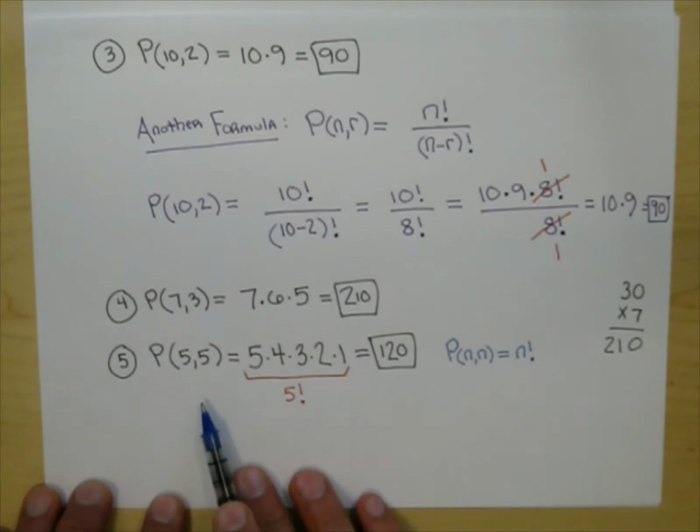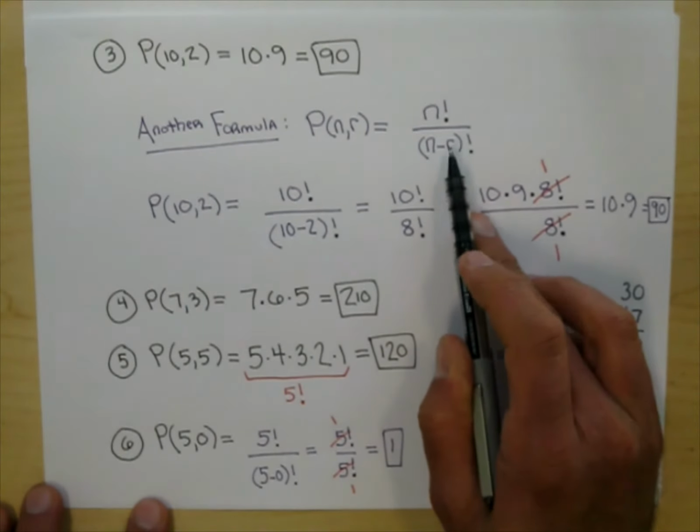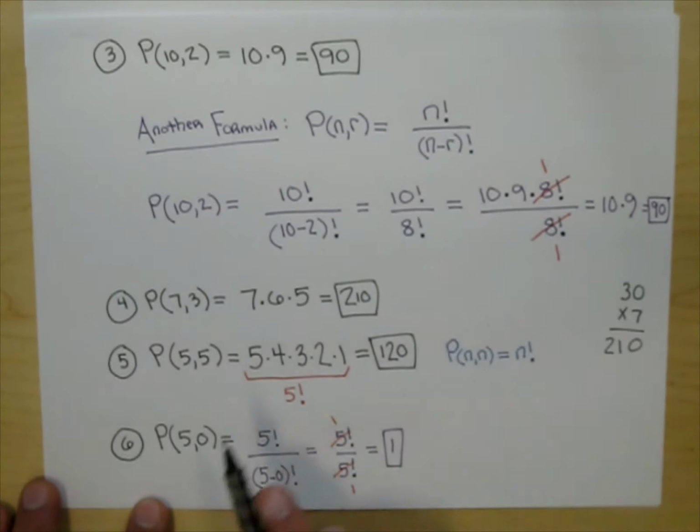So you might be thinking, wait, Joe, I thought we didn't have to use this formula in our homework. You don't, because I'm going to show you something that we could do instead. What if this said 7 pick 0? Well, 7 pick 0 would be 7 factorial over 7 factorial, which is 1.